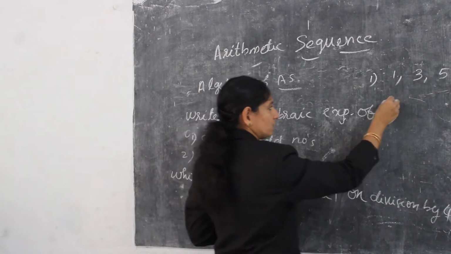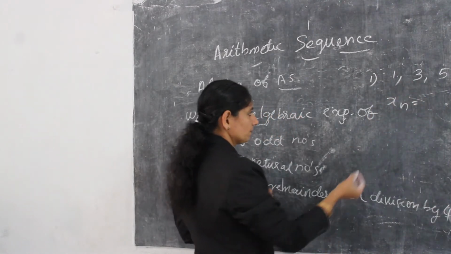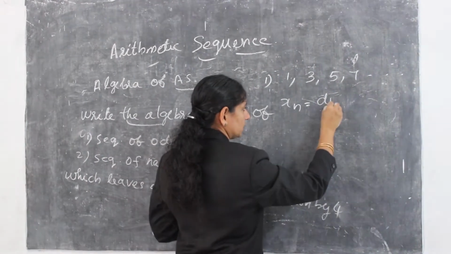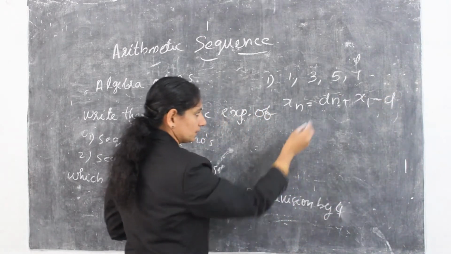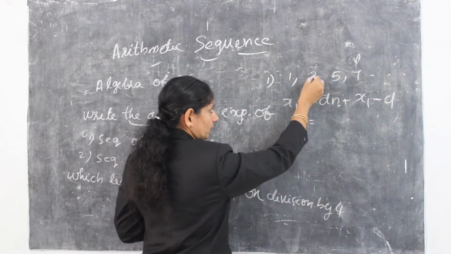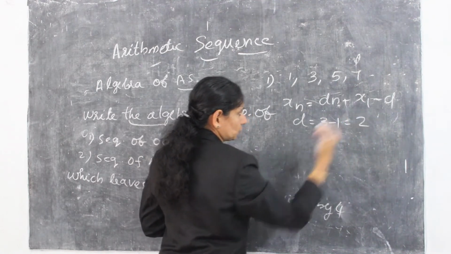What is our formula to find the general form of the algebraic expression? xn equal to dn plus x1 minus d. Here d is equal to second term minus first term, 3 minus 1 is equal to 2.